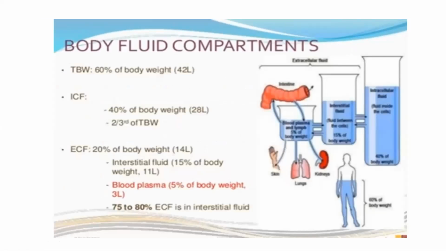ICF is 40% of body weight, 28 liters, two-thirds of total body water. ECF is 20% of body weight, 14 liters: interstitial fluid is 15% of body weight, 11 liters, and blood plasma is 5% of body weight, 3 liters. 75 to 80% of ECF is interstitial fluid. These are the different body fluid compartments.